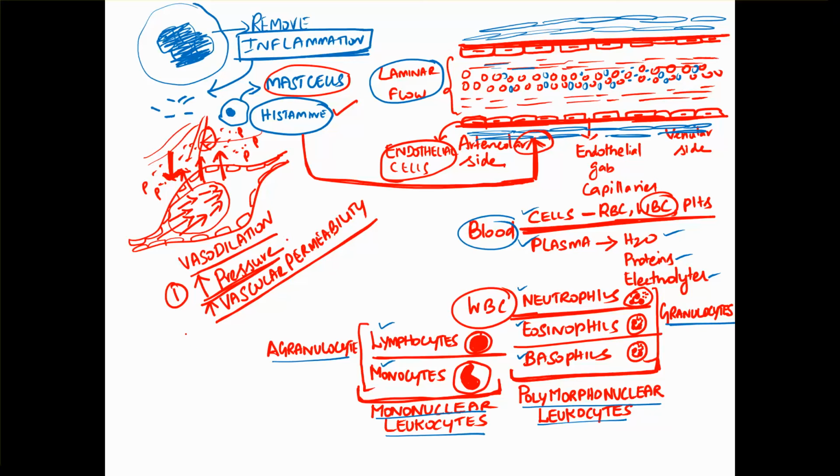When more blood comes, the laminar flow is altered. Second step is the laminar flow is altered or changed. This is called vascular changes.